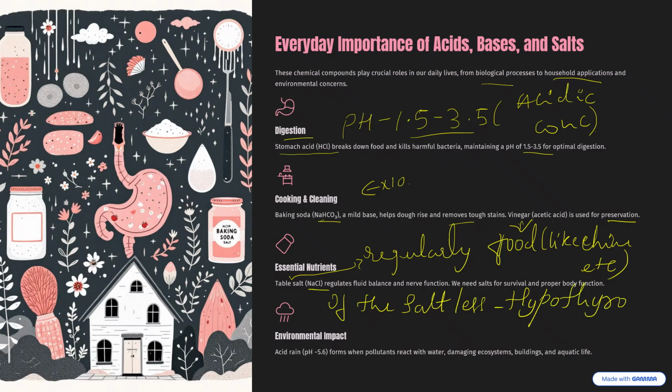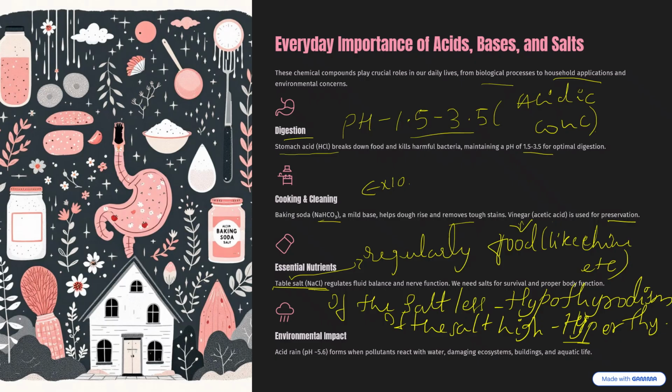If the salt level is high, it's called hyperthyroidism. If there are spelling mistakes, please correct me in the comment section. That is simple goiter, thyroid, which is a lack of iodine, basically iodine in table salt.